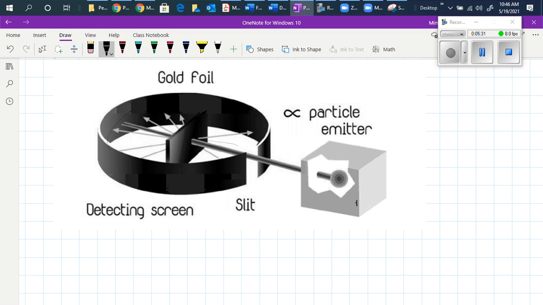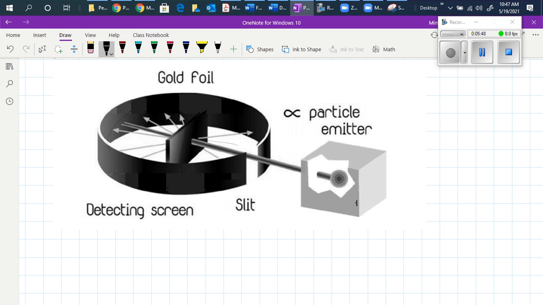Based on the J.J. Thomson model of the atom, what he was expecting was that alpha particles, since atoms are mostly positively charged, would be deflected back.